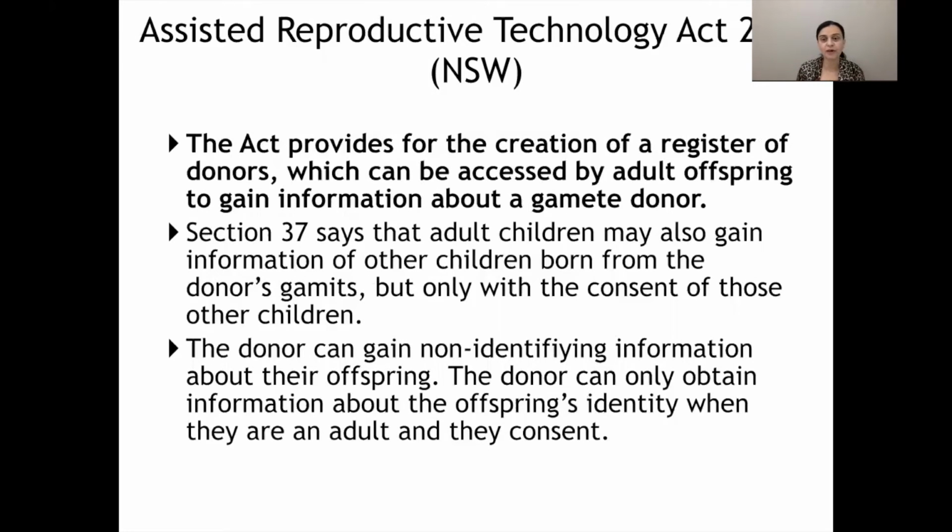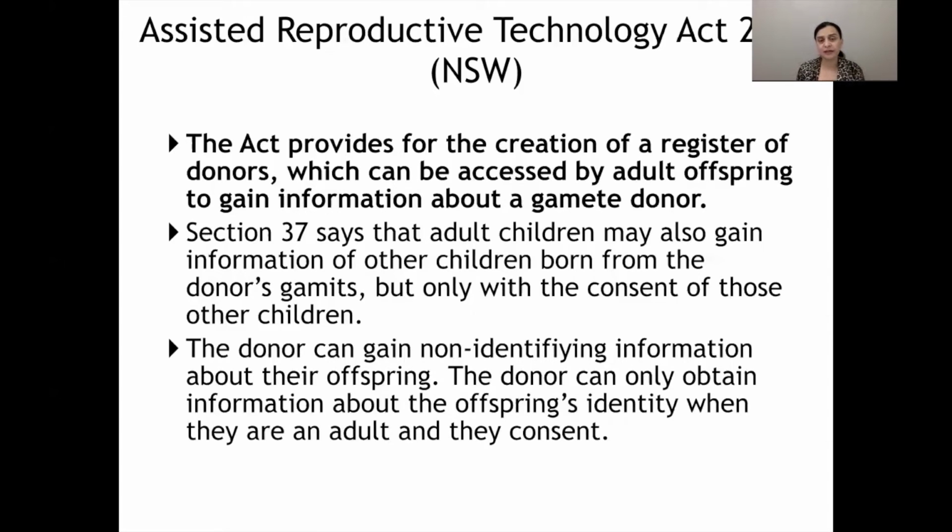So the Act provides for the creation of a register of donors, which can be accessed by adult offspring to gain information about a gamete donor. Specifically, Section 37 says that adult children may also gain information of other children born from the donor's gametes, but only with the consent of those other children.